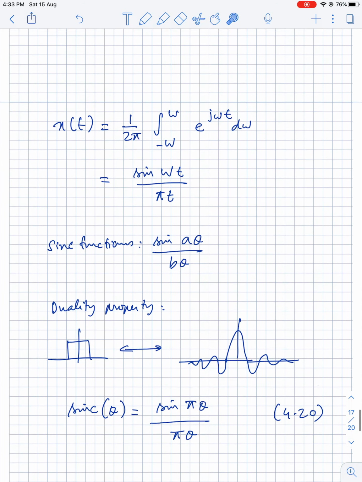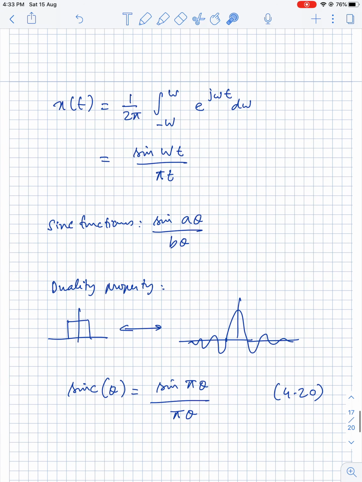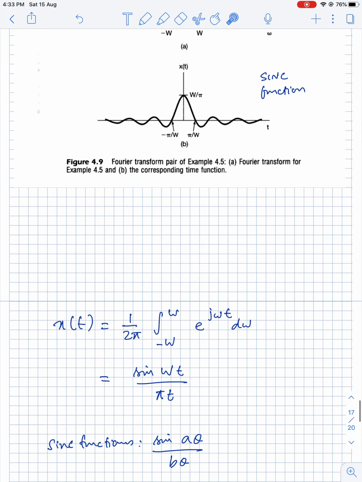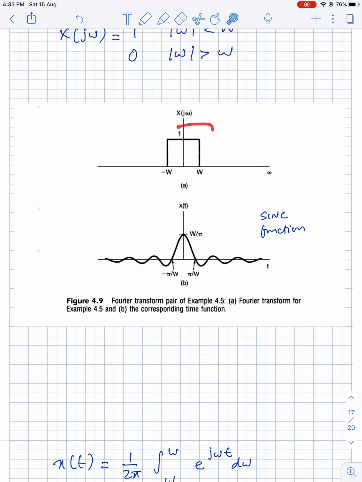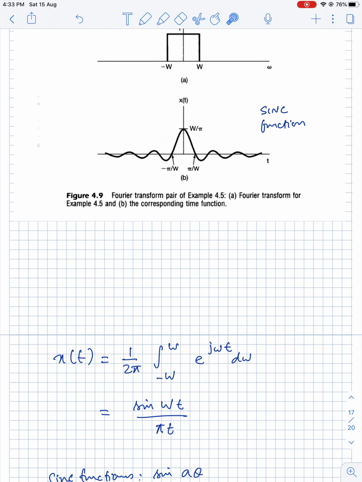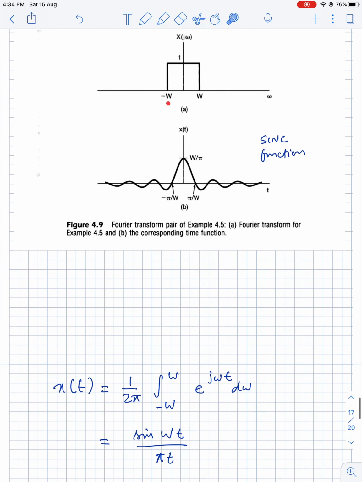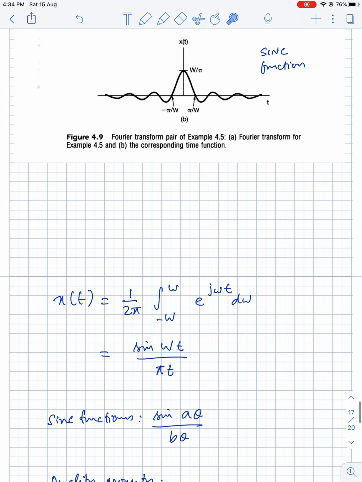Generally, the sinc function has the form sin a theta by b theta. If you put this value into the inverse Fourier transform, which is nothing but the synthesis formulation, when you get the x of t, you get 1 by 2 pi, and you do this over minus W to plus W, e raised to j omega t d omega, and you get sin W t by pi t.